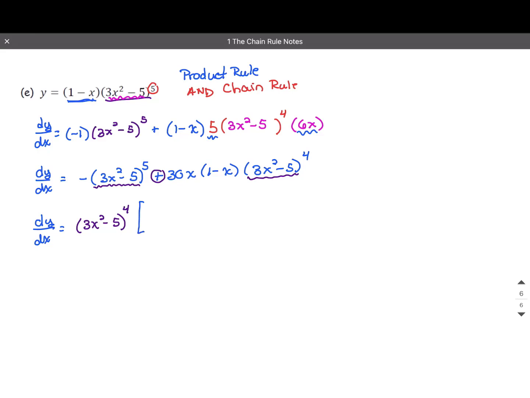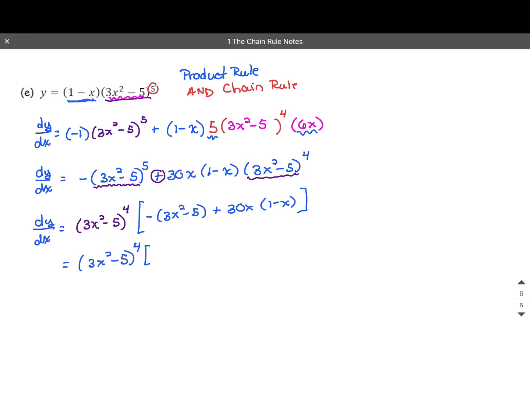Now, that's going to leave us in the first term with the negation of a 3x squared minus 5. And in the second term, it's going to leave us with a plus 30x times 1 minus x. All right, so we have 3x squared minus 5 to the 4th.